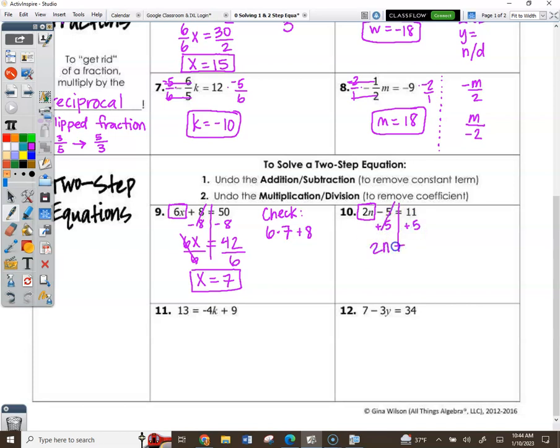So we have 2n equals 16. Divide by 2, and you get 8. All right, y'all do number 11. And then let's check it.